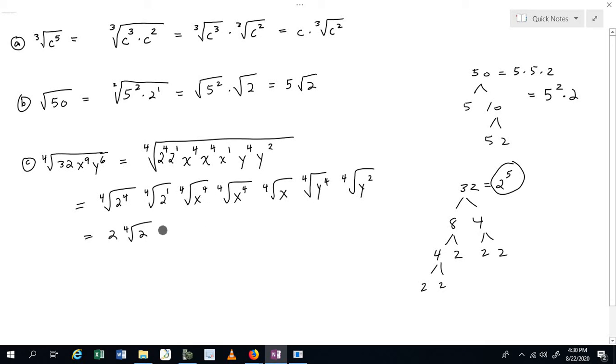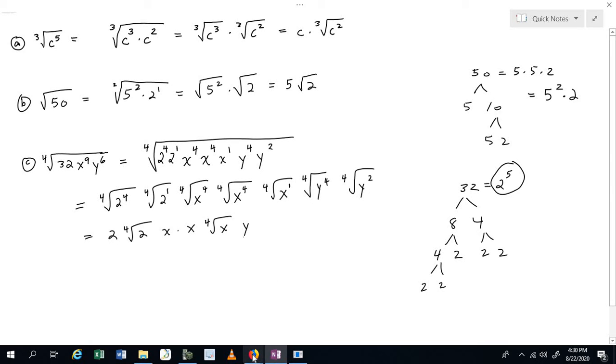This one is not, but that's just x. This is the 4th root of x. Notice this is to the first power, so it is less than the index. This one can be simplified to y. And then this one, the 2 is less than the 4, so that's okay.